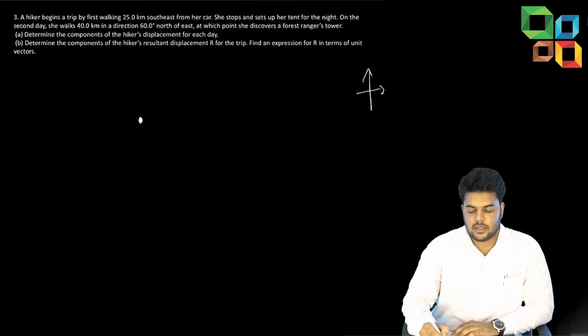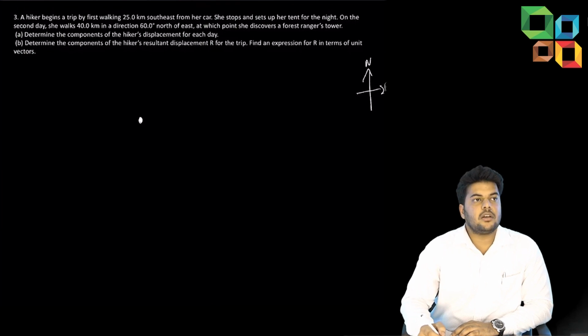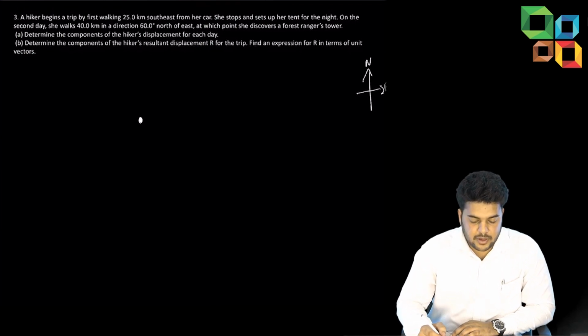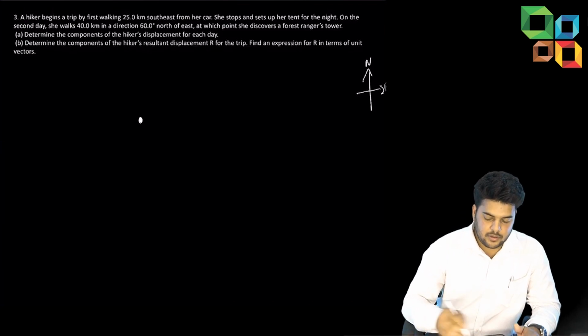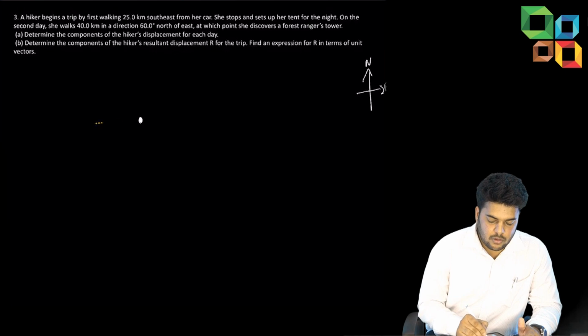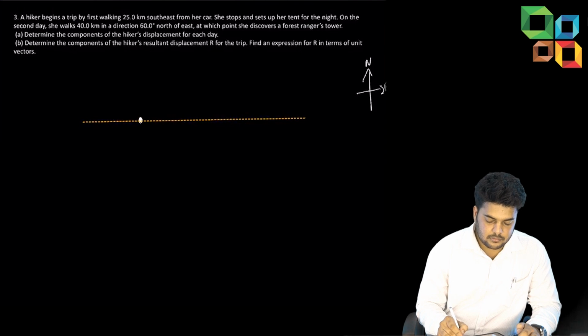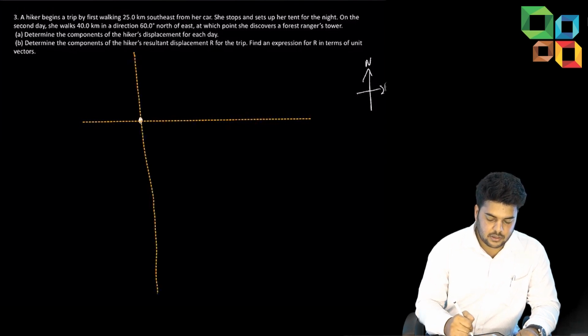And let's say this is the east. So hiker goes 25 kilometers southeast from her car. So let me draw a line over here. This line would represent the south direction. So here's that line. And here's the line that represents the north direction.